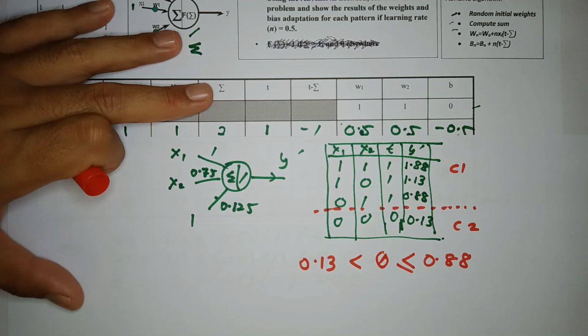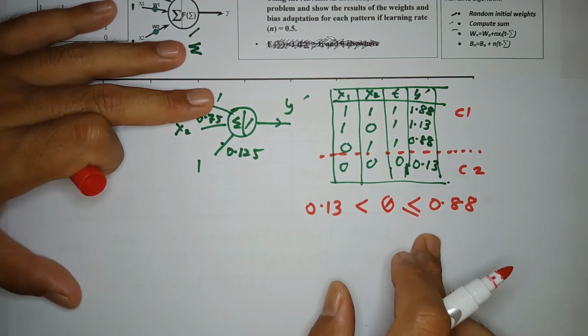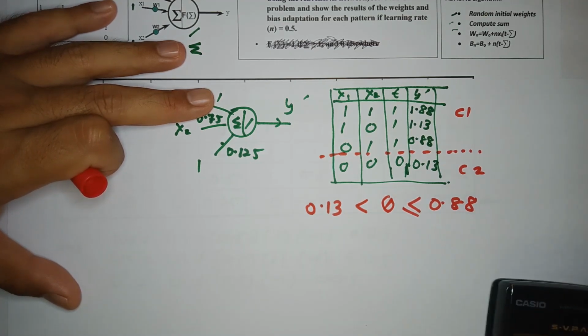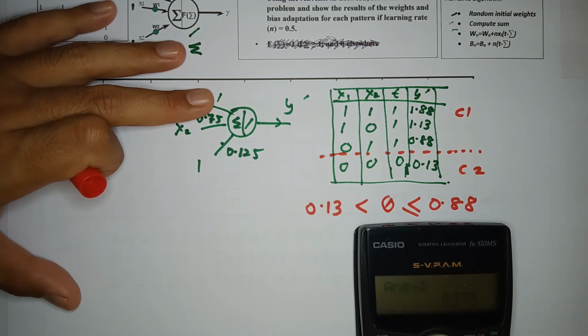However, the best thing for this particular case is perhaps you select the value that is optimal, which is the half of this range. How I select the half is 0.88 minus 0.13, and then we divide by 2, half of that, and then plus the previous one.